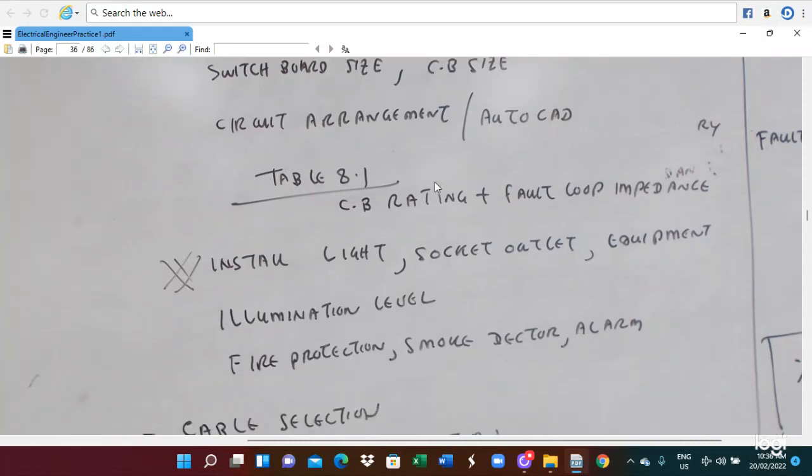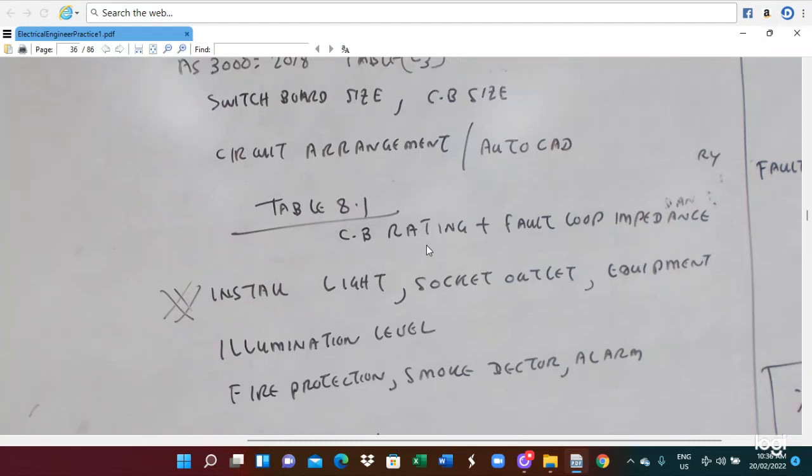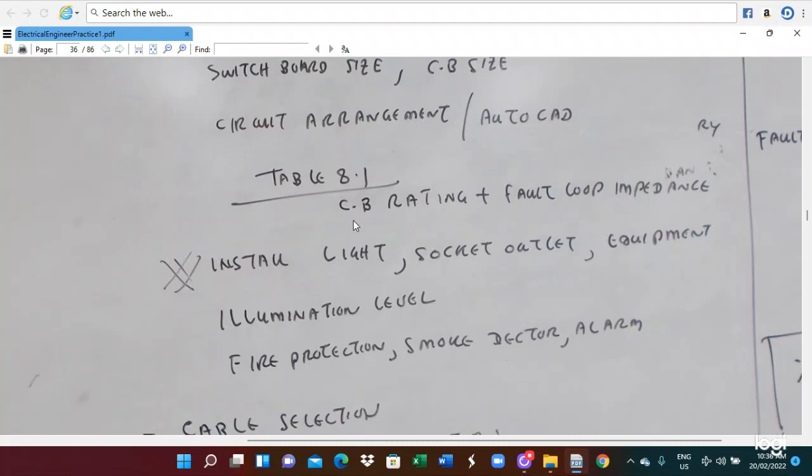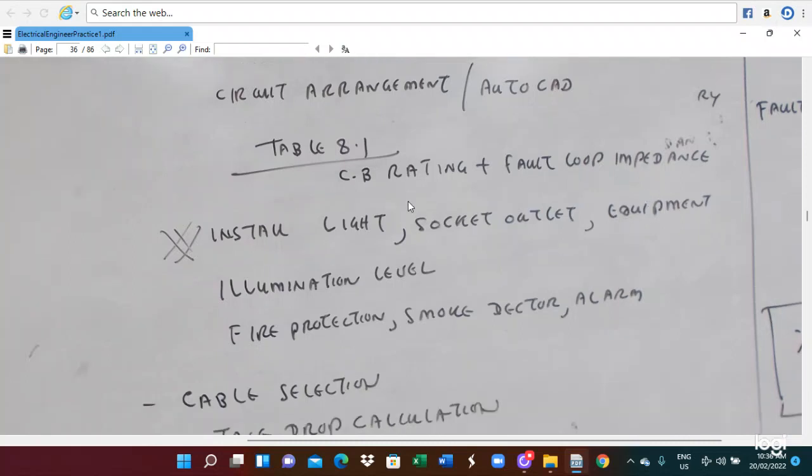So in this case, AS3000 edition, Table 8.1 is about the circuit breaker rating and the fault loop impedance rating. So this is about how the circuit breaker rating and the fault loop impedance ratings are related.